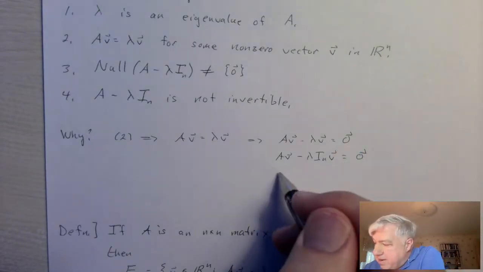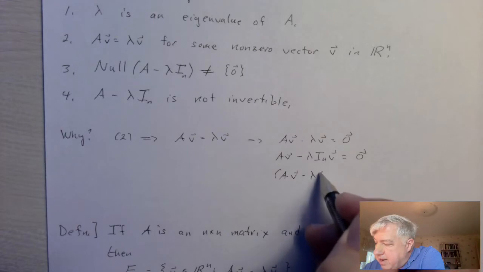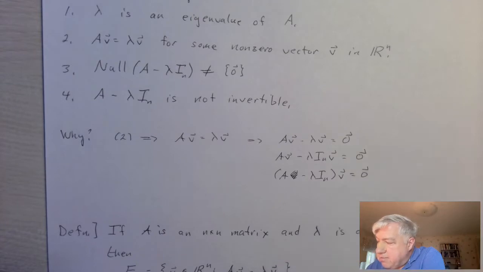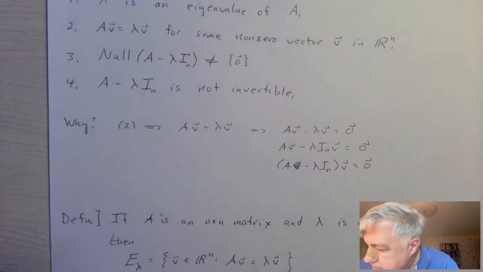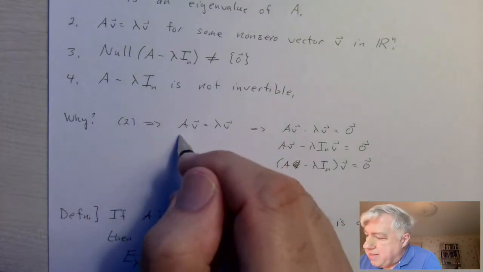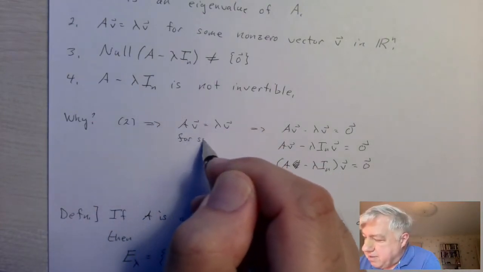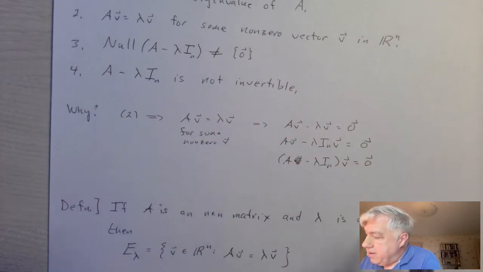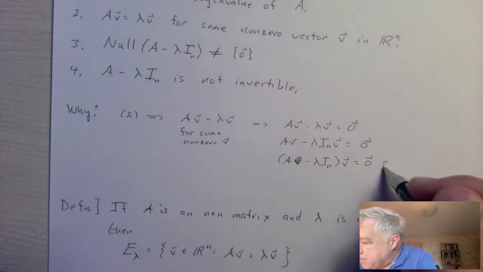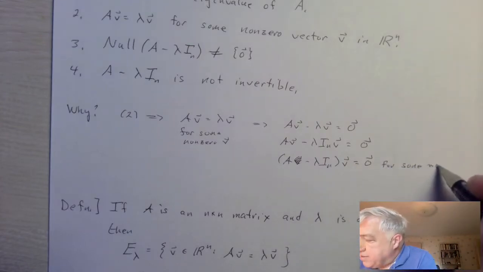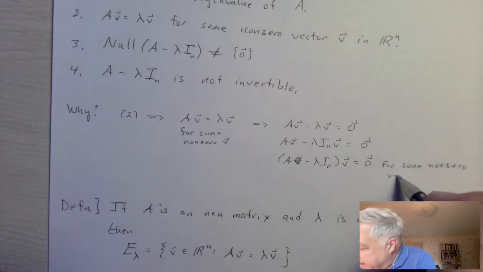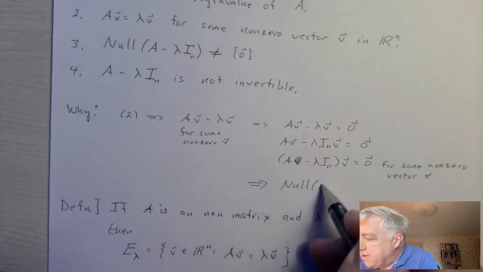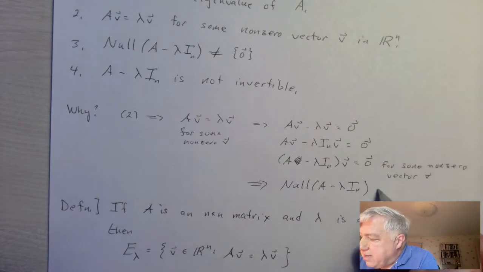We can factor out a v, so (A minus lambda I_n) v has to be 0. We're requiring v to be non-zero, so this equals 0 for some non-zero vector v, which is the same thing as saying that the null space of A minus lambda I_n is not 0.